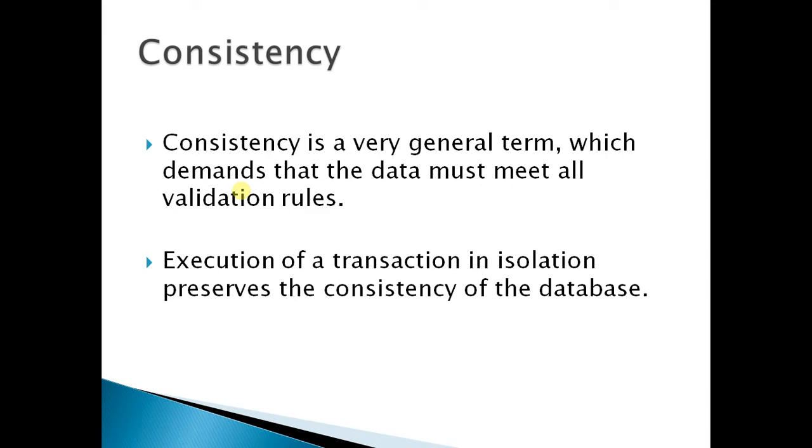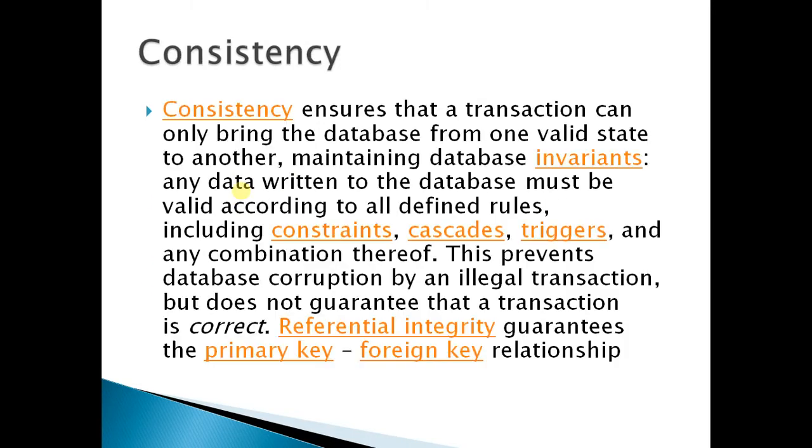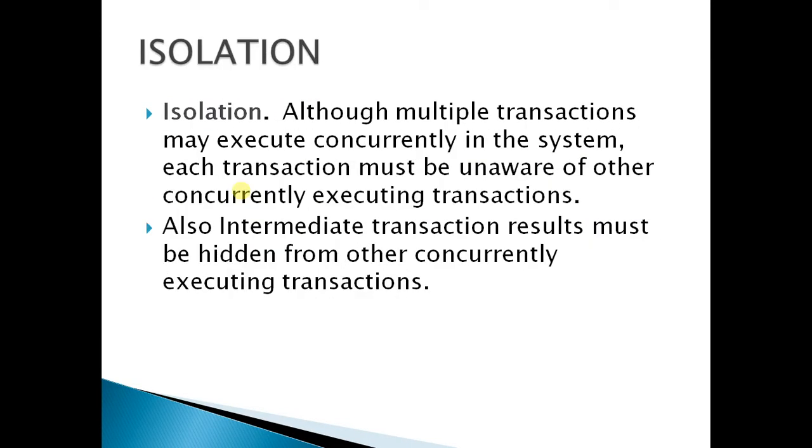Consistency means in general that all the conditions, constraints, restrictions applied on database items are never violated. Now come to the third part, that is isolation. This isolation is somewhat like what you might have learned in OS, that is critical section.